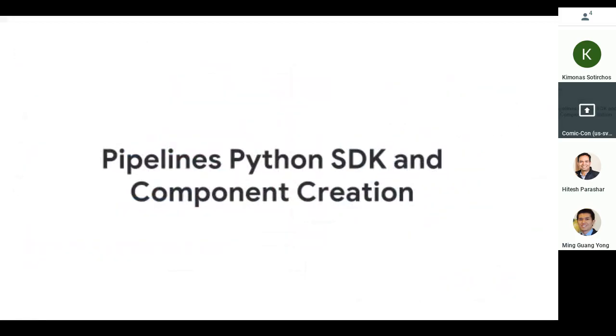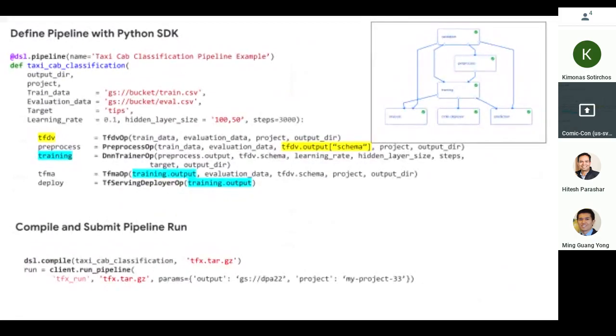So, onto the pipeline SDK and component creation. Pipelines, like I said earlier, currently can be defined in Python code by using the SDK, creating the operators and connecting them with each other.